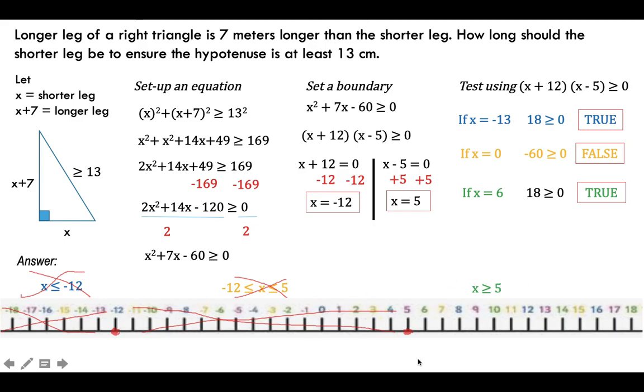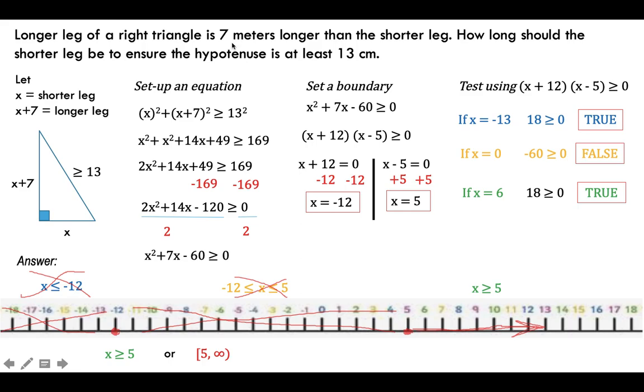And for our answer, if we write it in the graphical method, this will be our answer. In inequality form, we can write our answer as x is more than or equal to 5, or in interval notation, positive 5 to positive infinity.